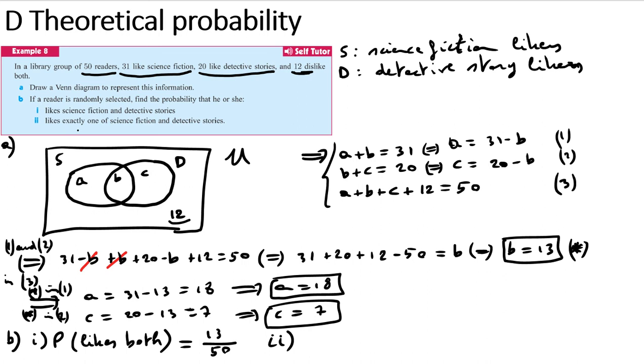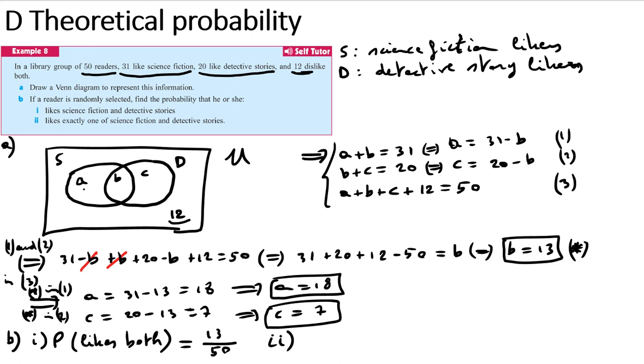And if we go to the second one, if a reader is randomly selected, find the probability that he or she likes exactly one of science fiction and detective stories. So the reader can like science fiction or can like a detective story, but can't like both of them.